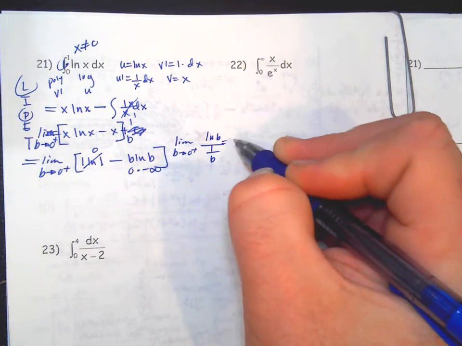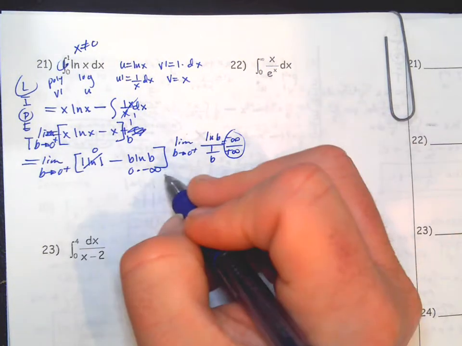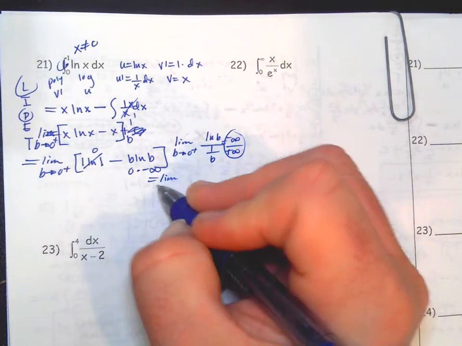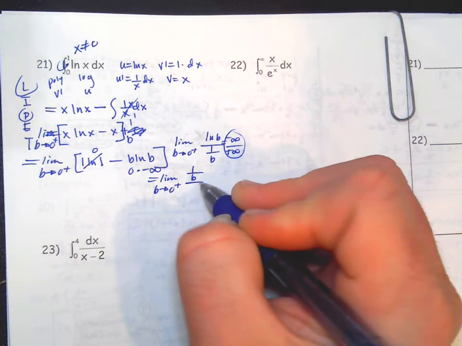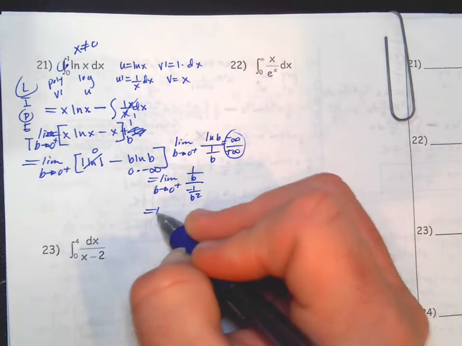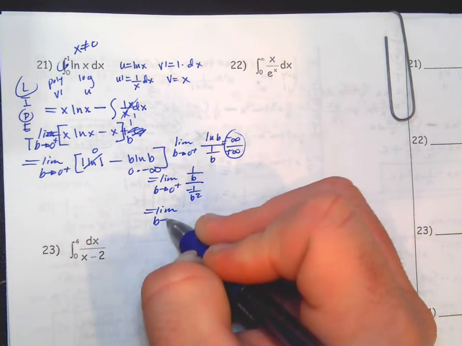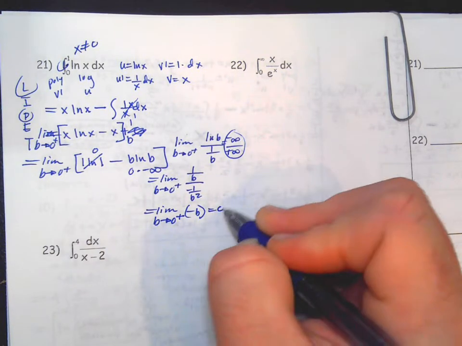So now it's going to go to negative infinity over positive infinity. So now we can do L'Hopital's rule. Take the derivative at the top, take the derivative at the bottom. Simplify it. It's going to be negative b. So it does go to 0.